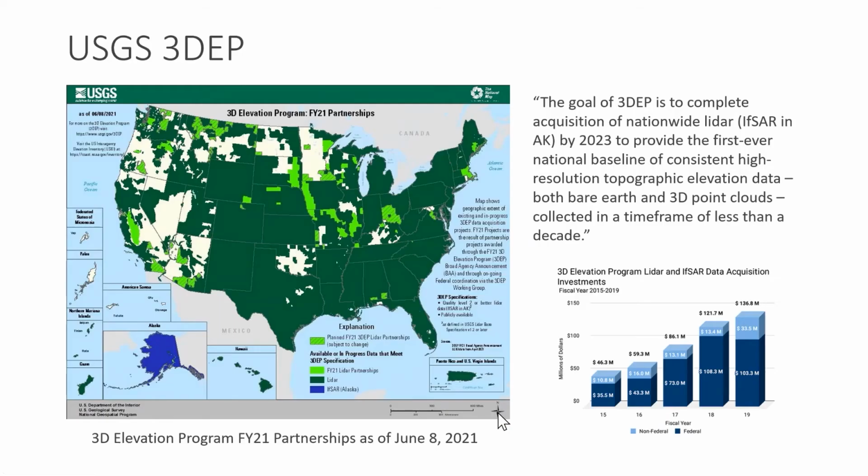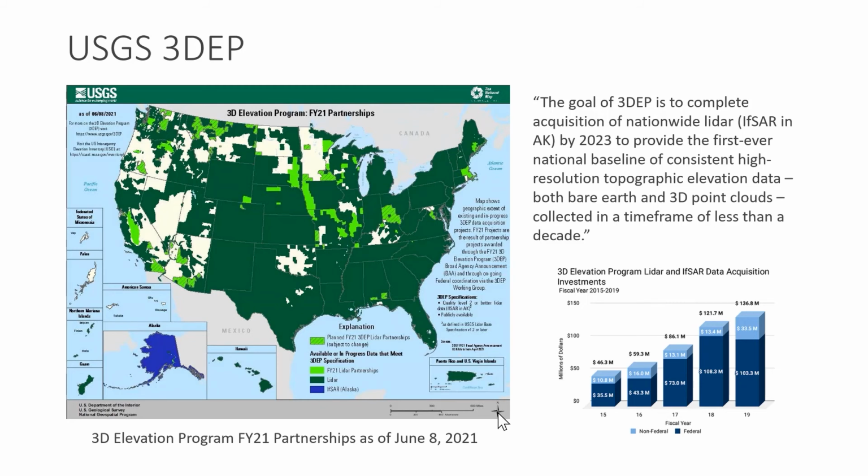Finally, the biggest thing and why we said 30 trillion points in the title of the presentation is the U.S. Geological Survey has a program called the 3D Elevation Program, which is partnerships with local agencies to collect data that cover the entire U.S. LiDAR and then IFSAR for Alaska. And this is a big set of data, but it's clear that these will have great impact and great return on the investment.